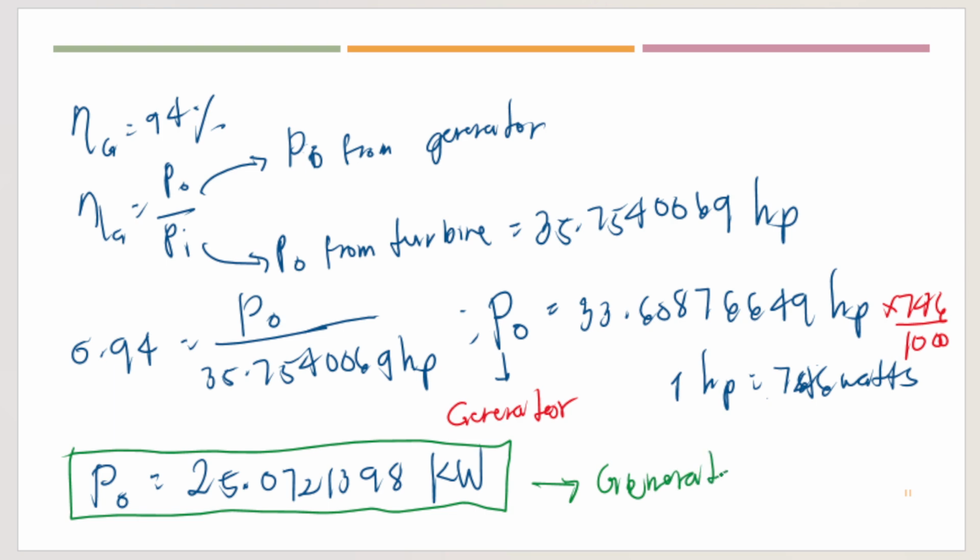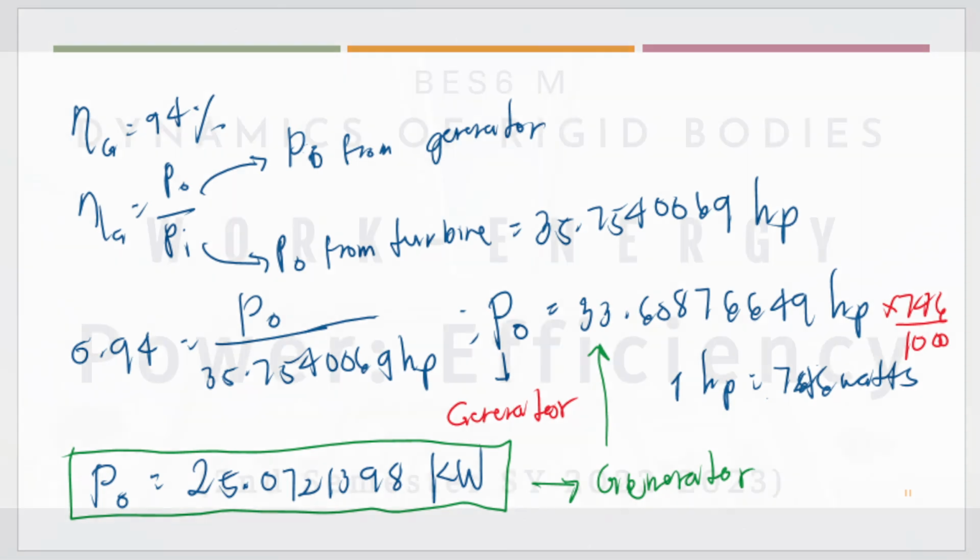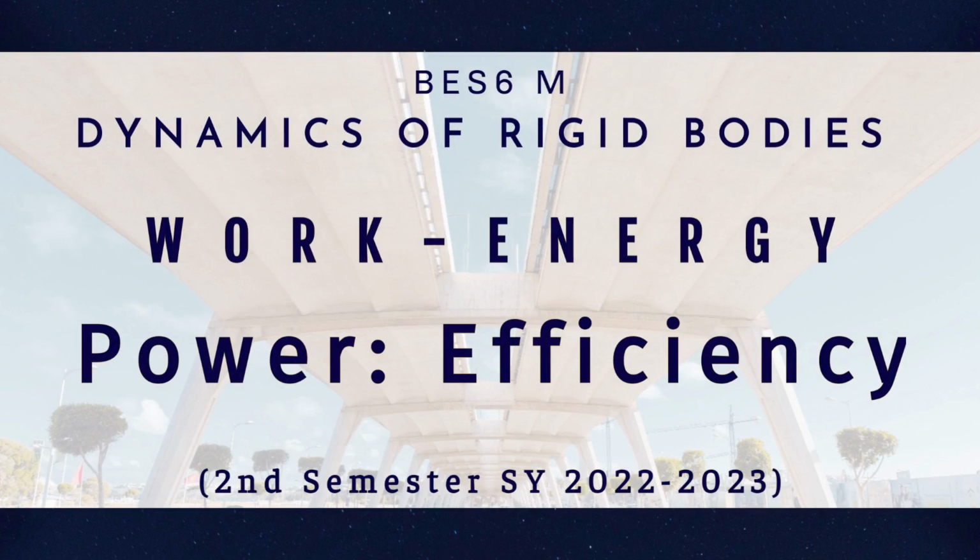We computed it in horsepower as 33.60876649 horsepower. So, that is our solution for our problem in relation to our discussion on power and efficiency.